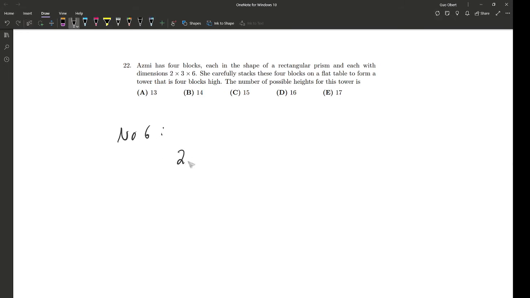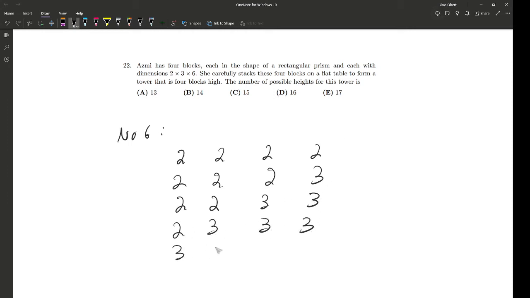So we can have a tower with all 2 centimeters in height, right? And we can have 3 blocks with 2 centimeters in height, and one of them being 3. We can have 2 2s and 2 3s. We can have 1 2 and 3 3s, or we can have all of the blocks be 3 in height.